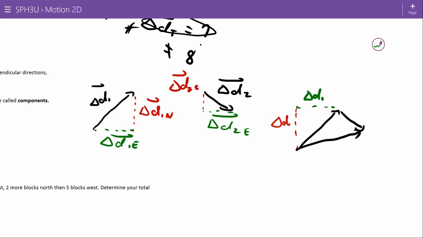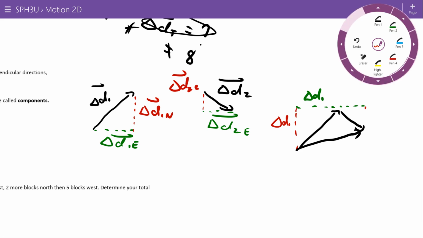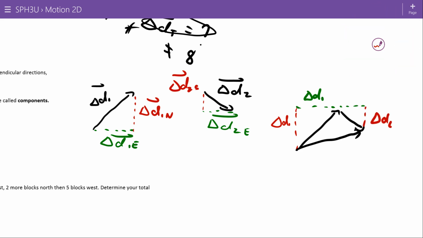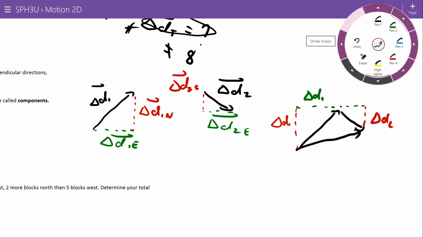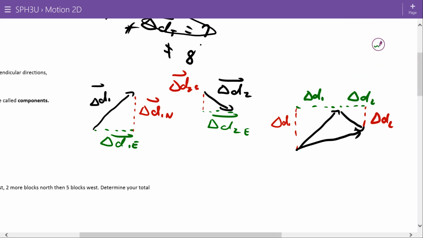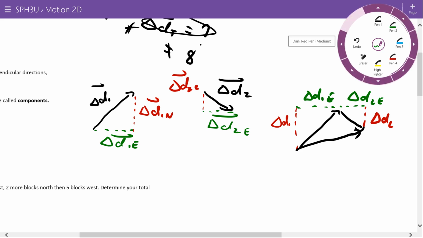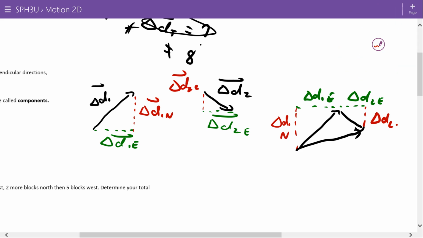And then for delta d2, you go like this, and then like this, delta d2, and delta d2. These are east, east, north, south.